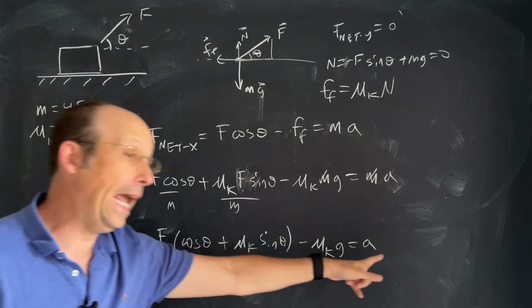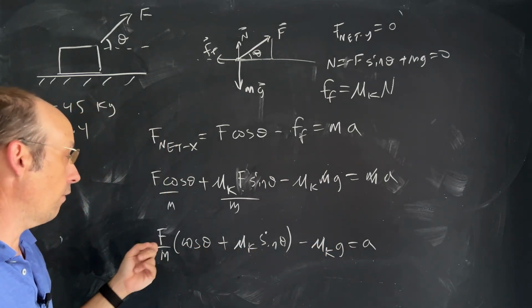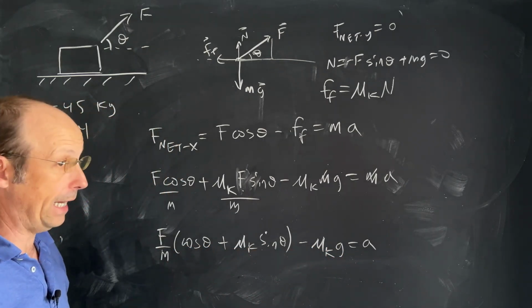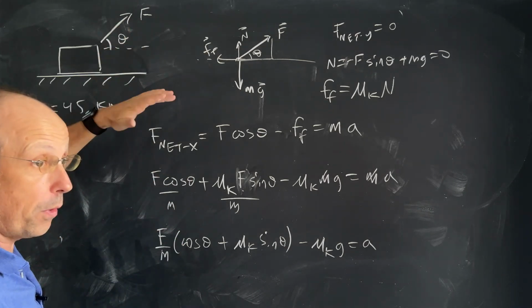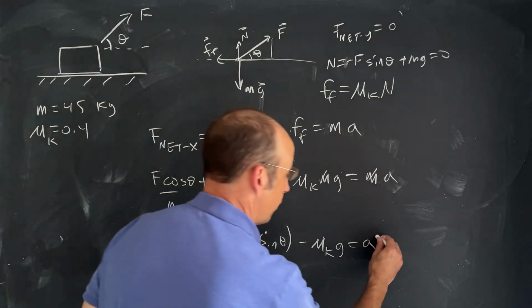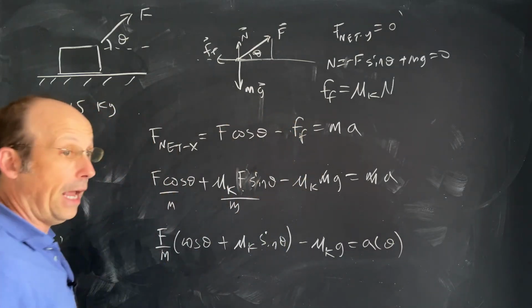So now I have a as a function of theta, right? Yeah, it depends on the force, it depends on the mass, but it also depends on theta. So as we change that angle, we want to find out what angle gives us the greatest acceleration. So there's my a as a function of theta.